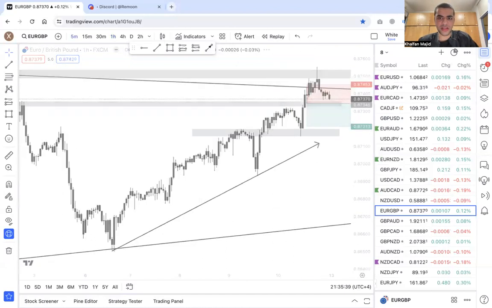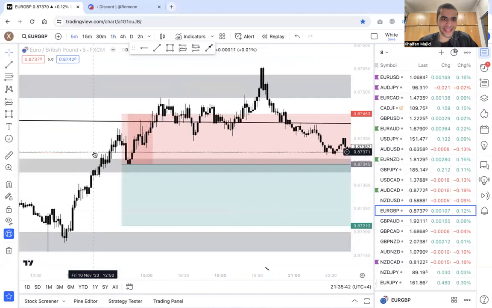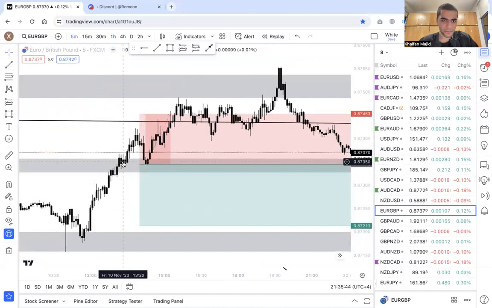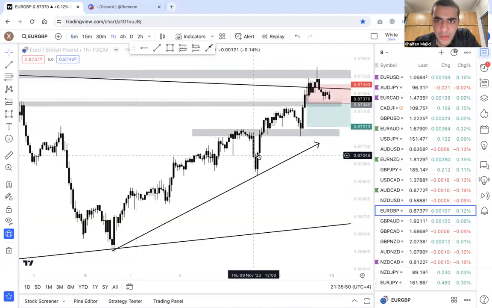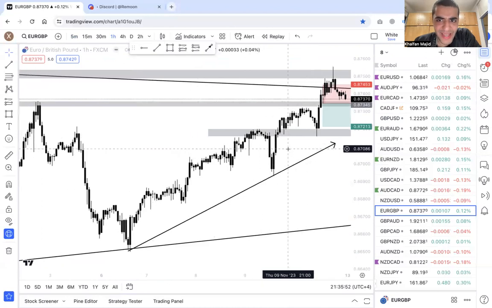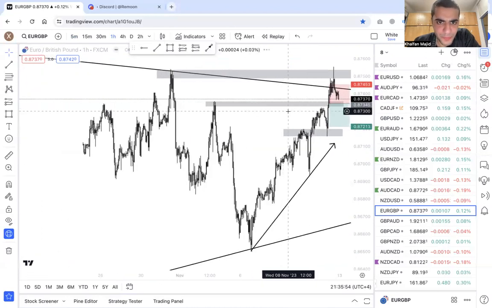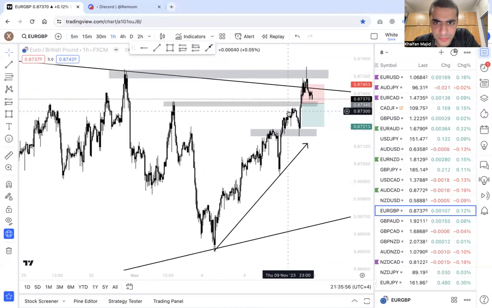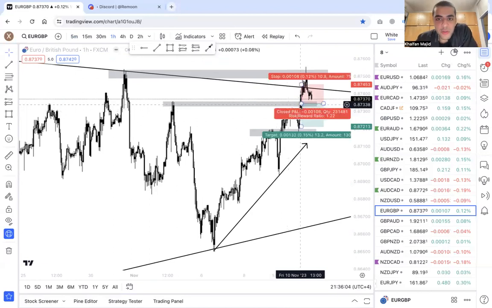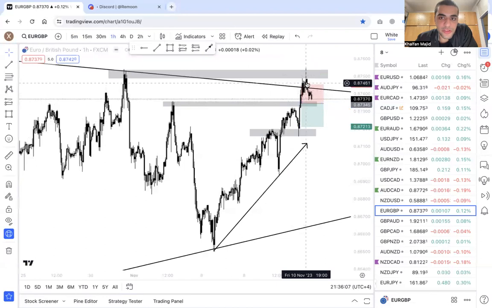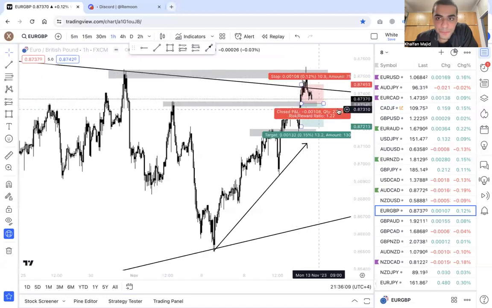Or maybe I temporarily entered over here, and then it just went against me. Maybe I was about to enter this, but then I didn't enter because I just didn't find confirmation on the low time frame and it just broke through the zone. But I entered on this one.